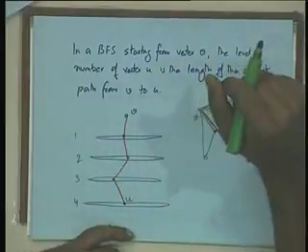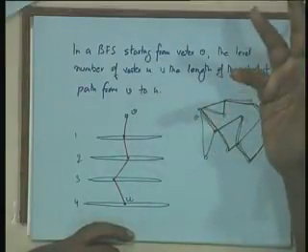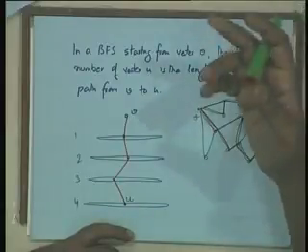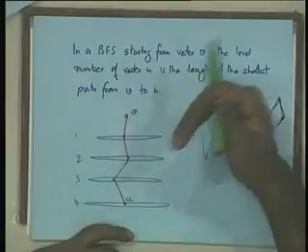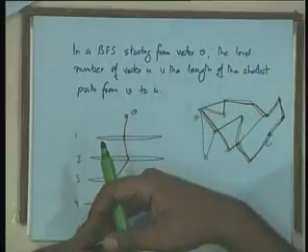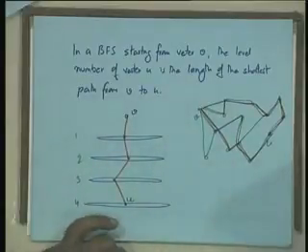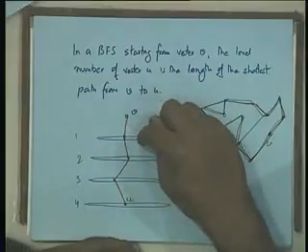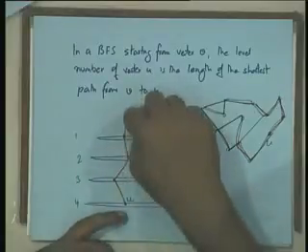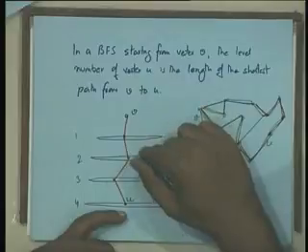Can there be a path of length 3? If there is a path of length 3, then we will have to jump a level, which violates the fact that this is a breadth first search. This is a partition induced by breadth first search. If there is a path of length 3, then that path cannot visit all these levels. It has to start from here, but then it cannot visit all these 3 levels, so it has to jump at least one of them.